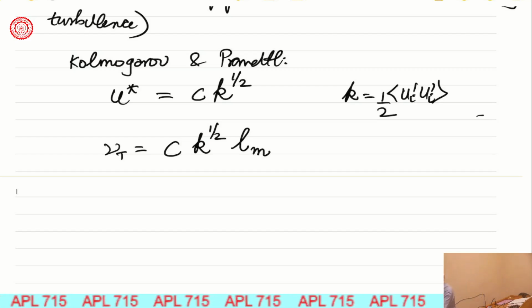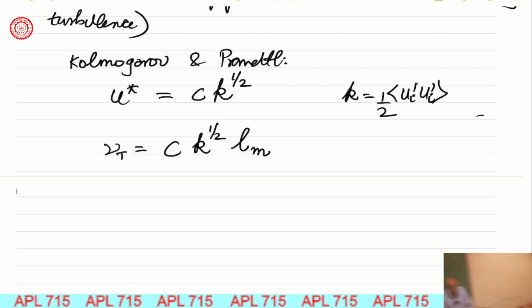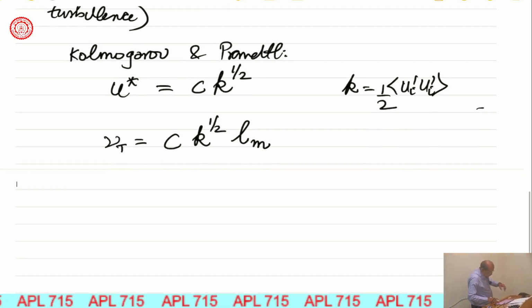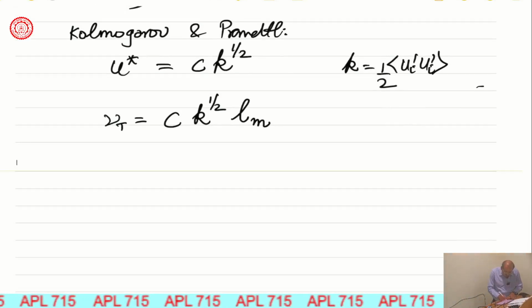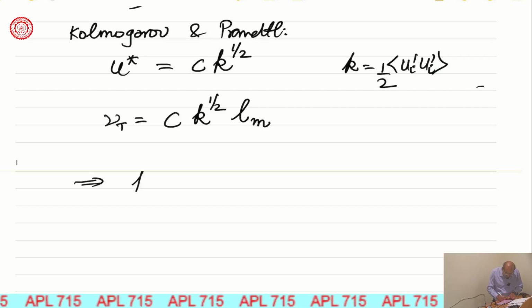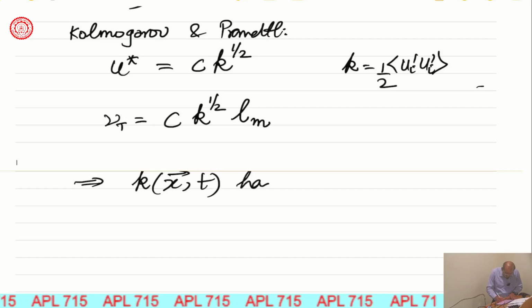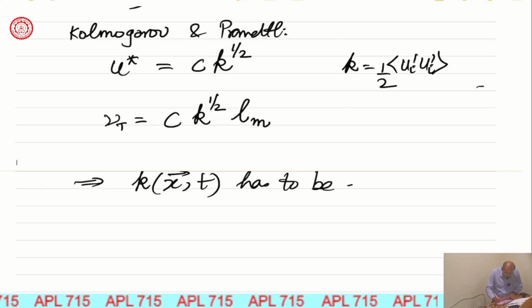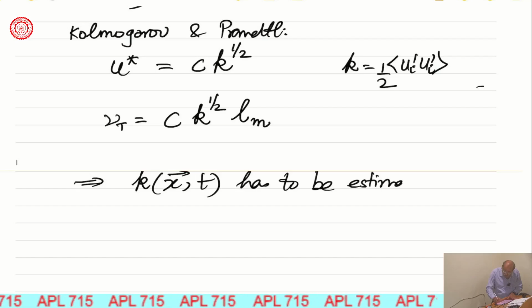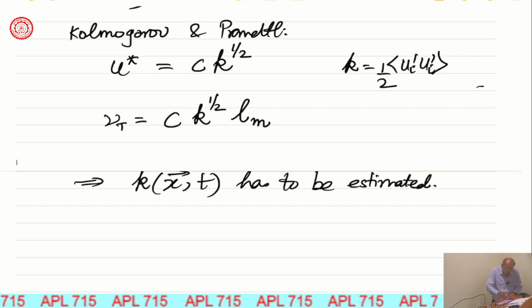Now, if we use this, this will imply that K has to be estimated.